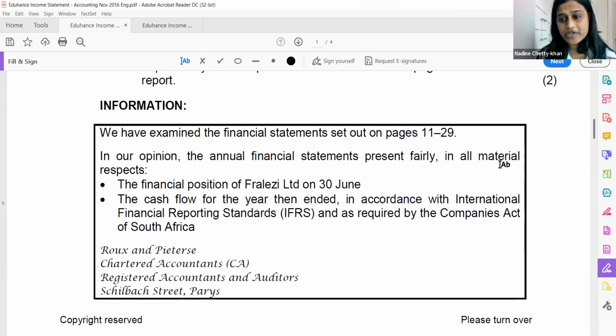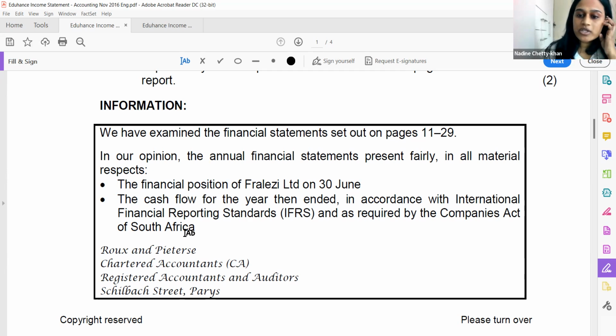So material respects mean in all important aspects of the report. The financial position of Relezi Limited on 30 June, so that's our balance sheet. The cash flow for the year ended, so that's our cash flow statement, in accordance with international financial reporting standards and as required by the Companies Act of South Africa.